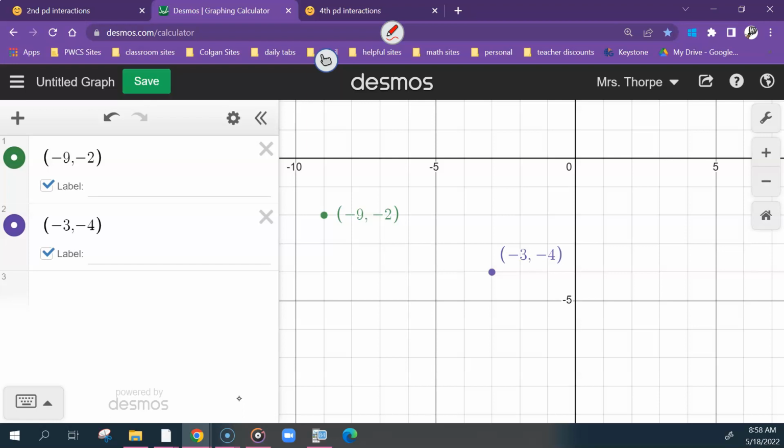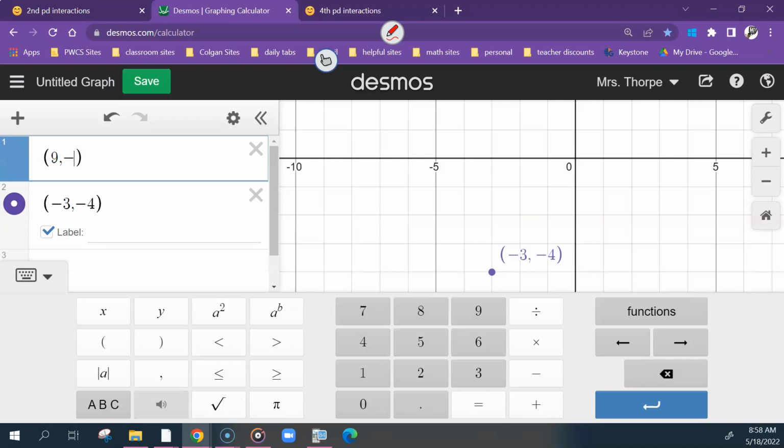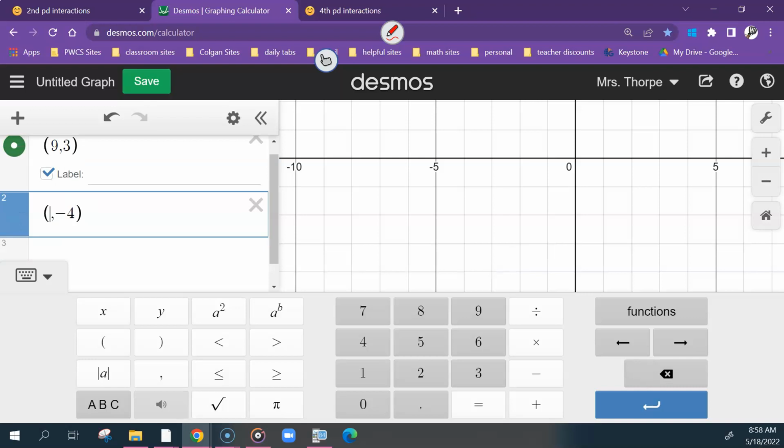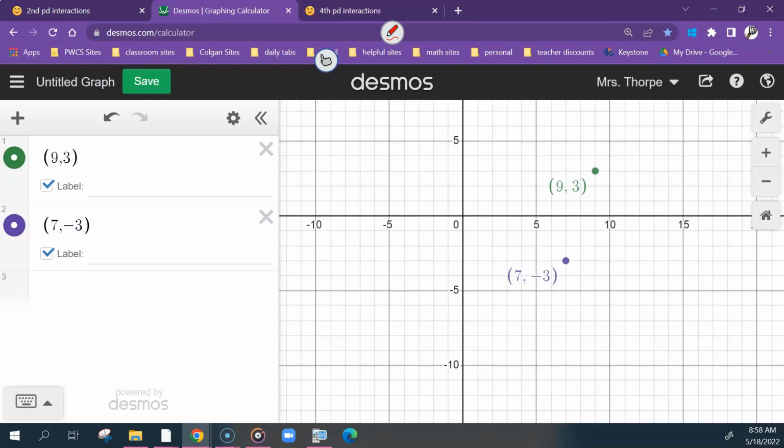Or you could actually do it algebraically, either or. And then what were the ordered pairs for number 7? 9, 3, and what? 7, -7. Wait, so in these equations, are you just finding the slope? So I can go up 1, 2, 3, 4, 5, 6 over 2.